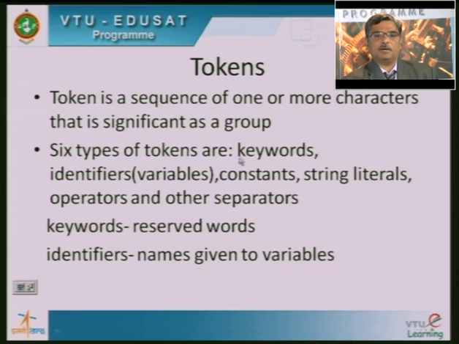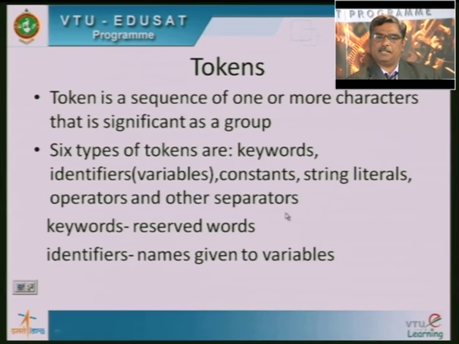Identifiers are the variables that you declare and use for calculation. Then there are constants, string literals, operators such as plus, minus, star, slash, which are arithmetic operators, and some separators. These are the varieties of tokens you can observe in programming.